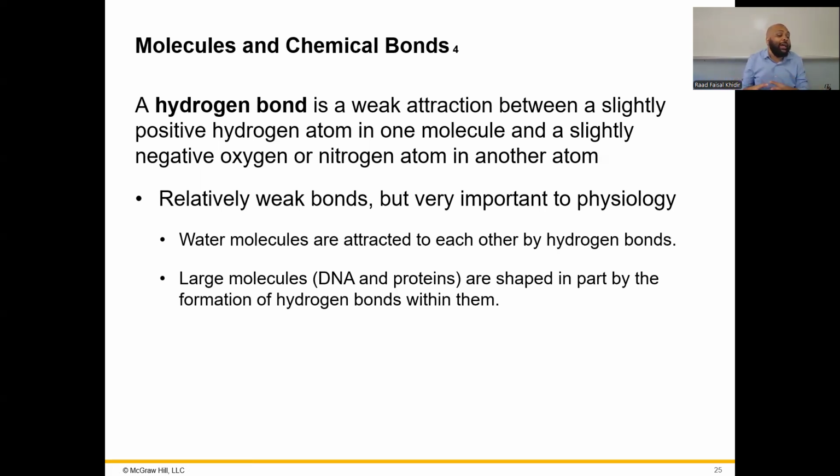Why? Because they were held together by hydrogen bonds. This is really important for you to know, the significance of the hydrogen bond. These are weak bonds that are used for structural bonding, like in DNA and in proteins.